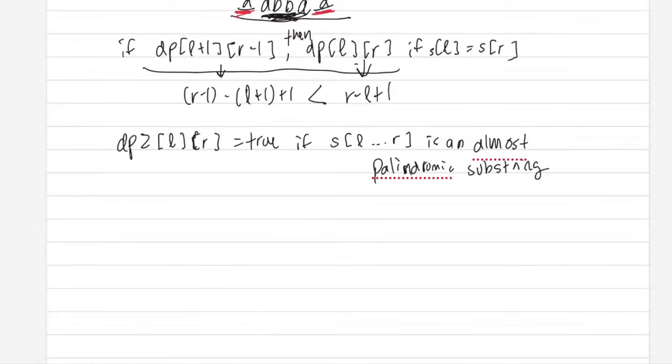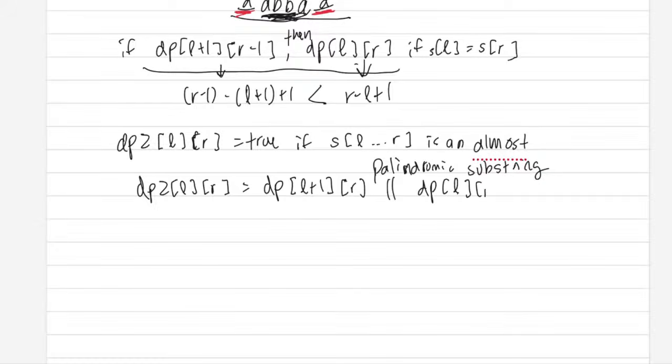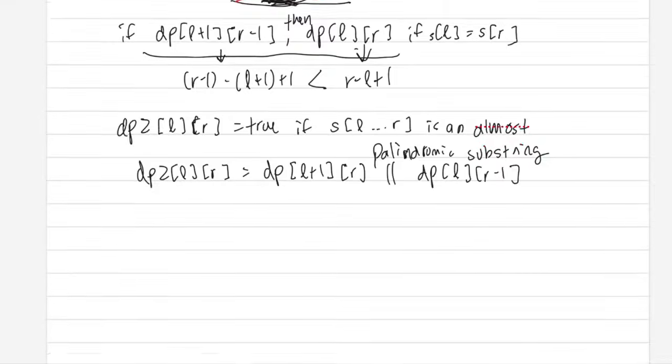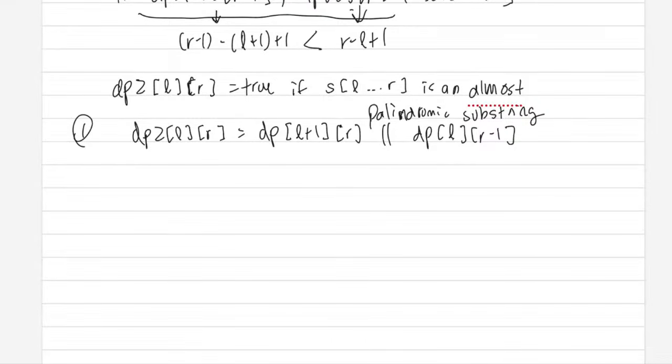So your transition will be dp2 L and R equals dp L plus 1 R, or I'll put the double bars, dp L and R plus 1. So this is the first case. What does this mean?